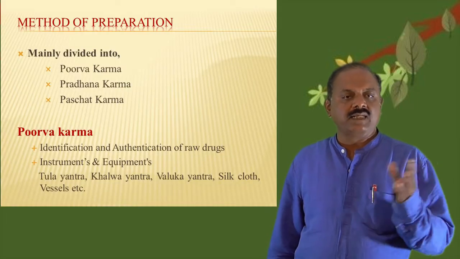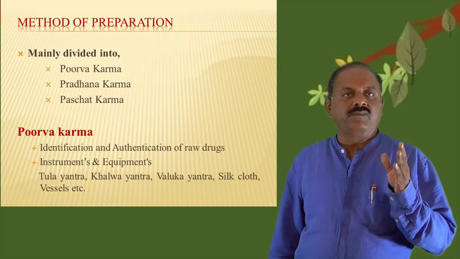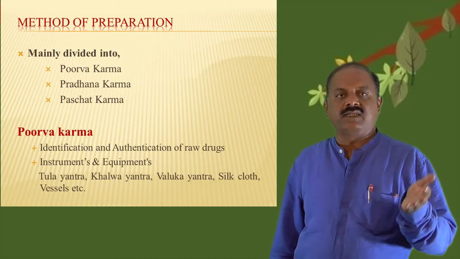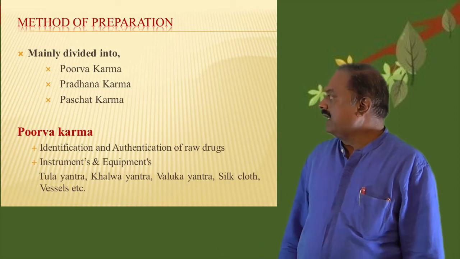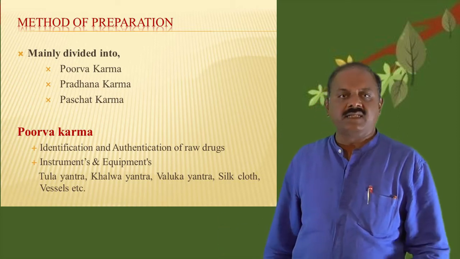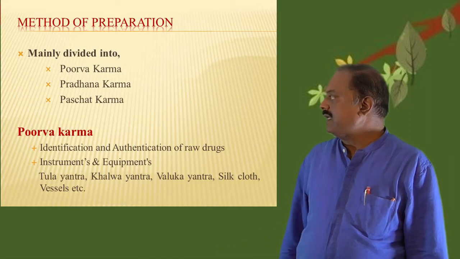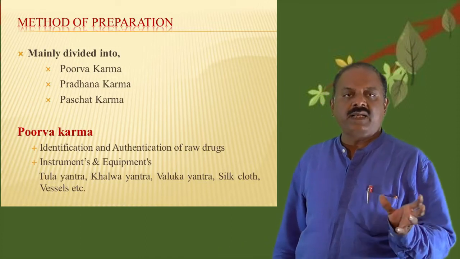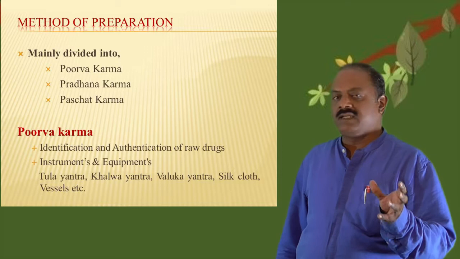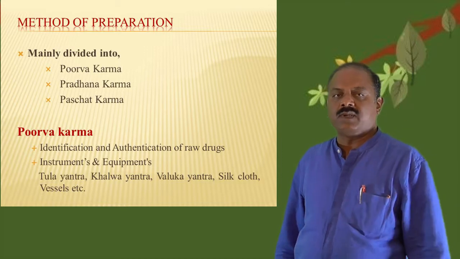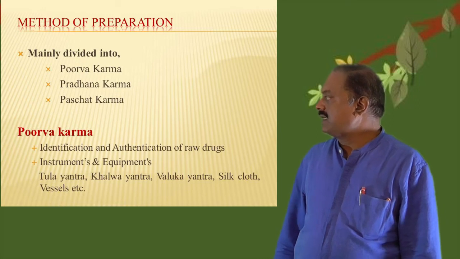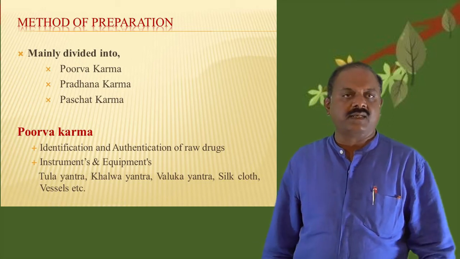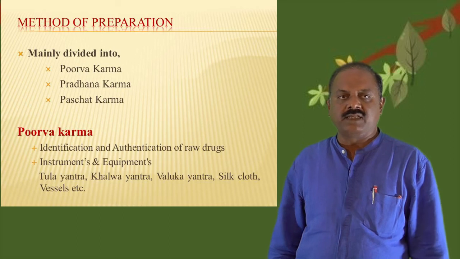Regarding the method of preparation, the SOP is followed in the form of Purva Karma, Pradhana Karma and Paschat Karma. In the Purva Karma, identification and authentication of raw drugs is very essential. Instruments and equipment required for the preparation of Pottali Kalpana are to be kept ready. The Valuka Yantra, silk cloth and other things come under Purva Karma preparation.